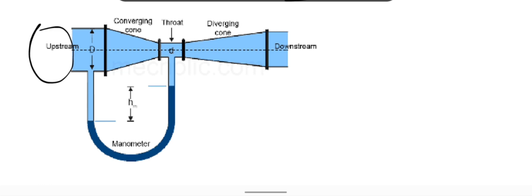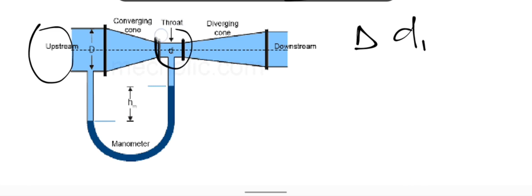where they say the upstream, we have an inlet diameter D, which from the data I've written, I write as D1, right? And we have a throat diameter, which is the diameter here, which from the diagram I wrote as D2. And the differential height I'm talking about, that is the height in between here and here of the mercury inside the tube.